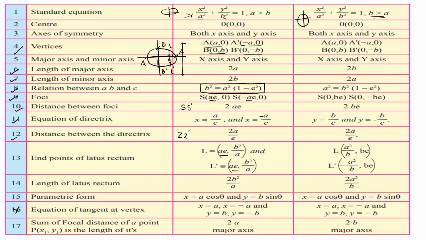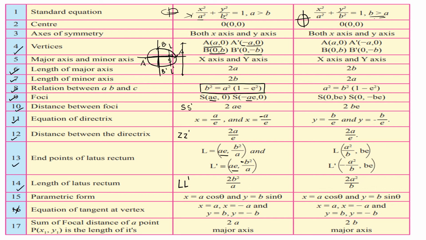So I get b square by a, and the second will be minus b square by a. Now, if I want to find the distance between L and L dash, you know L and L dash, so by the distance formula you will get 2b square upon a. The parametric form we'll do later on.